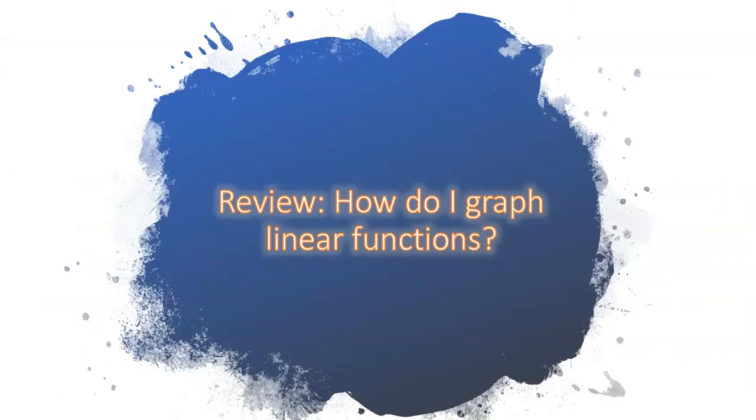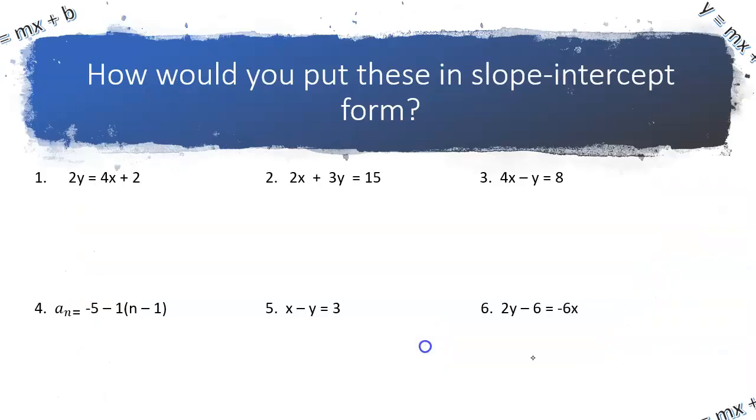Okay. We also discussed how to go from standard form or arithmetic sequence form to slope-intercept form. So let me just review one of those as well. So let's review number 3 up here. So remember that we are trying to get y by itself so that it can be in the form y equals mx plus b. So the first thing that we're going to do is move the x.